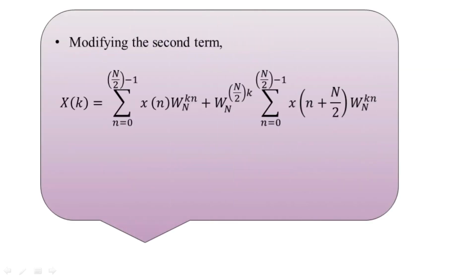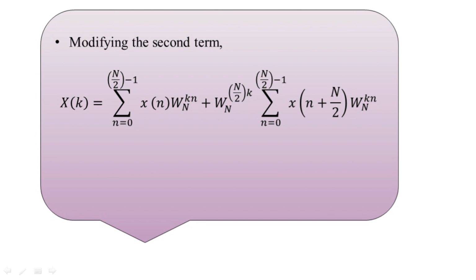Now the modification of the latter part, that is the second part on the right hand side, gives us the new representation. So we keep the left hand side X of k as it is. The first term is the summation n is equal to 0 to capital N by 2 minus 1 operated over x of n into the twiddle W suffix capital N, the power is k into small n.